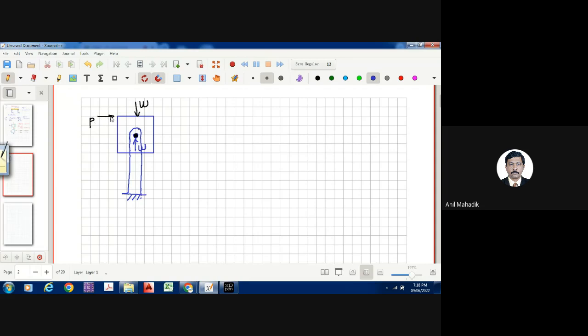As this horizontal force is there, definitely it will offer one horizontal reaction, which is P. So sigma Fy is equal to 0 is correct, because minus W plus W equal to 0. And sigma Fx is 0, it is also okay, which is plus P and minus P.